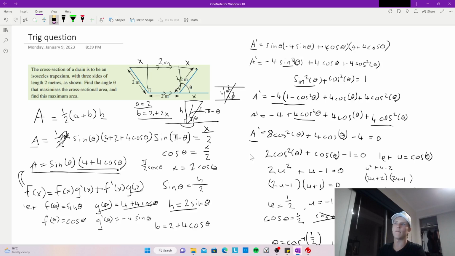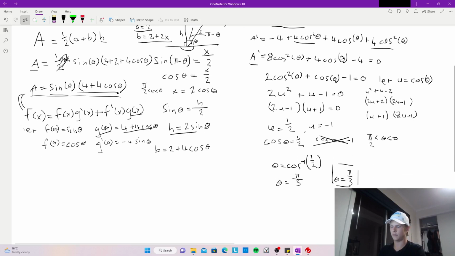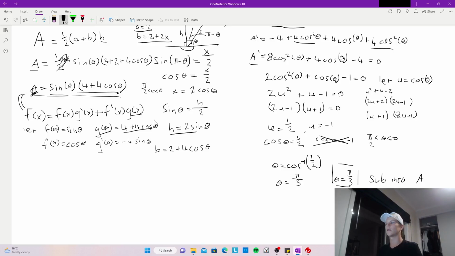And then our last part, and find the maximum area. So we're pretty much just going to sub that back into our equation A, which is this one here. Sub into A. Don't know why I did a lowercase there. Sub into A, and then our next part will be just subbing it in. Yep. We got sine in the final stretch here, sine pi over 3.